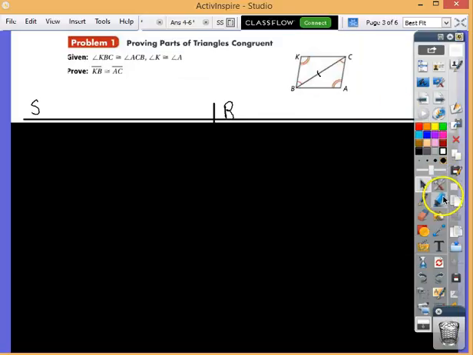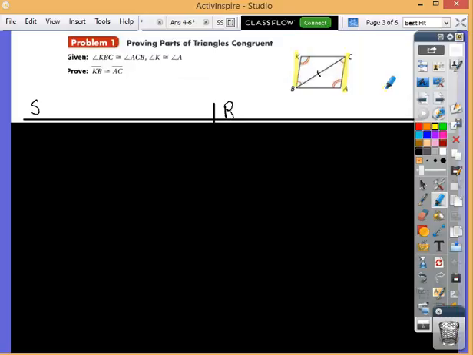Now my ultimate goal here is to prove that this line right here is congruent to this line right here. Well, if only I knew that the two triangles were congruent, then I could say that those lines were also congruent because corresponding parts of congruent triangles are congruent. So that's how I'm going to approach this proof.